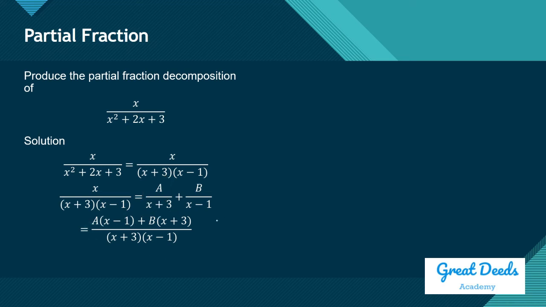Plus the LCD divided by x minus 1 times b, this is the result. You combine similar terms and this is what happens. It is equal to this.